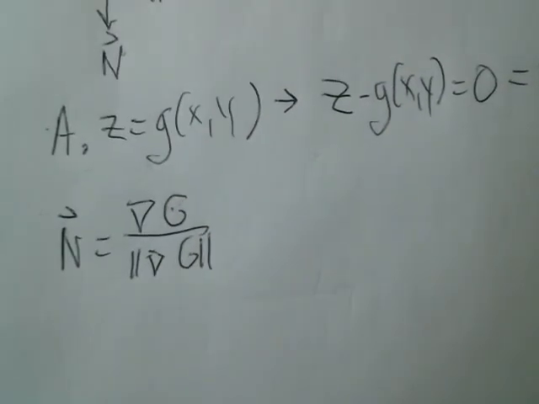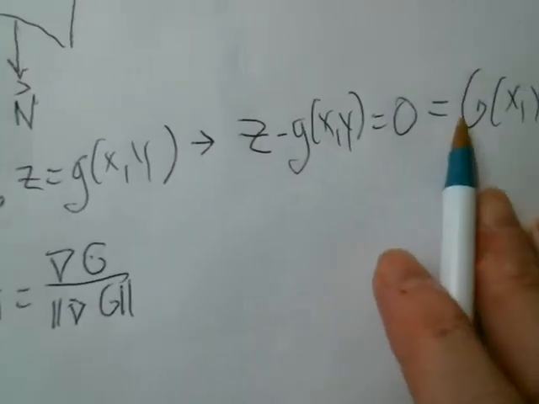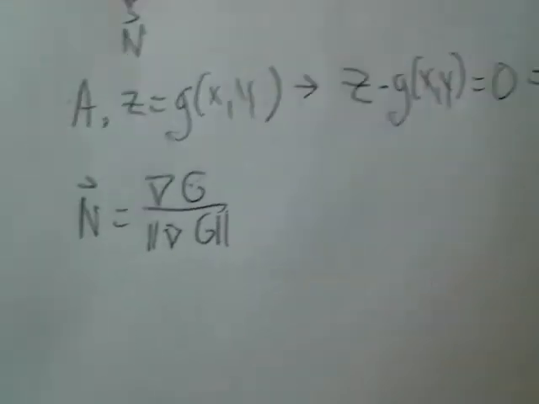So why is that thing normal to the surface? Well, if we think about maybe doing a parameterization of this G function in terms of t and then taking its derivative.